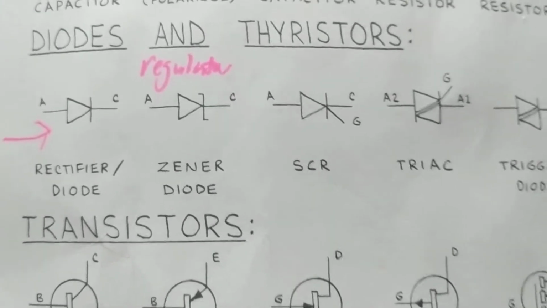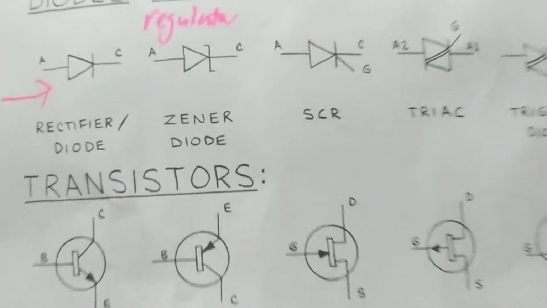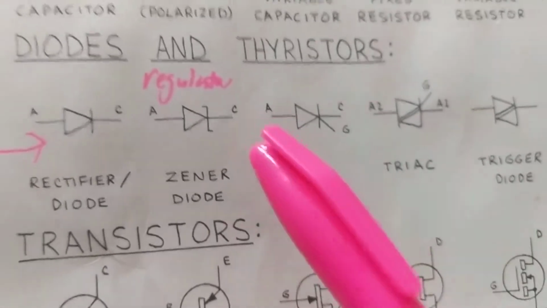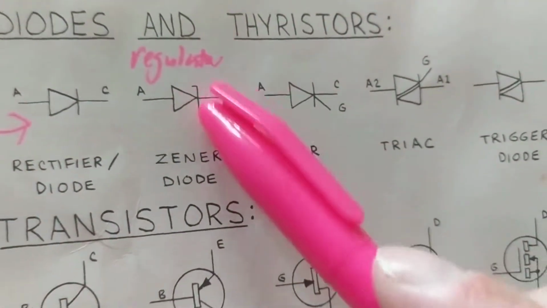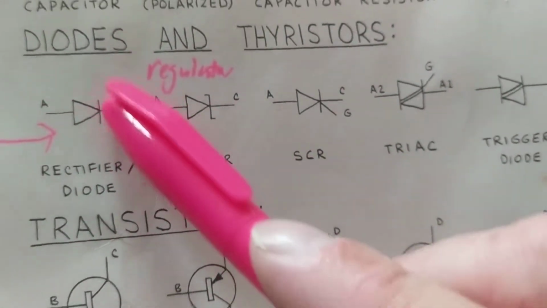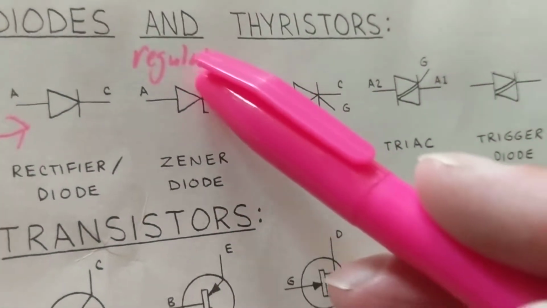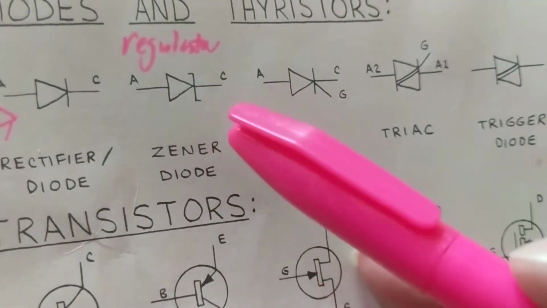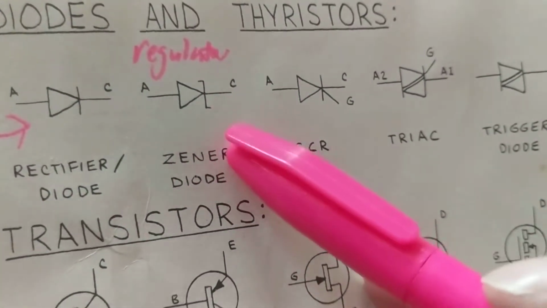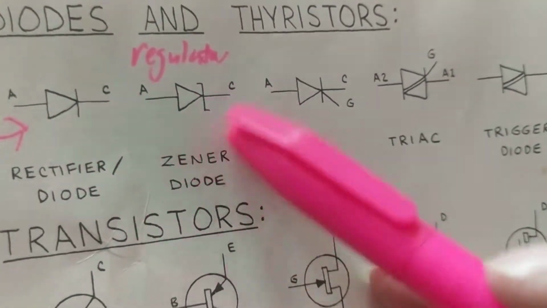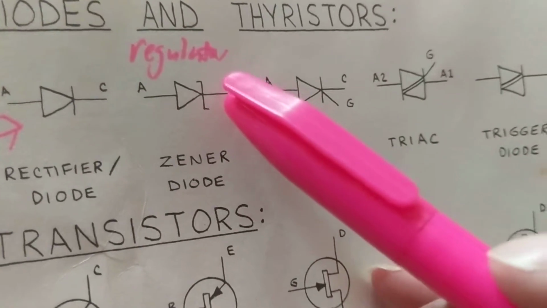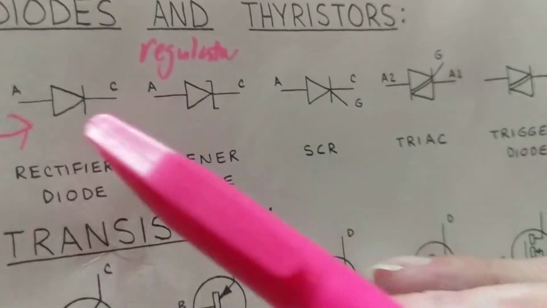Regulate to keep constant. So as you can see, the symbol over here is a little different than this. This is called the cathode. This is called the anode. See this bend over here gives us the idea that this is called a Zener diode, different than this one.